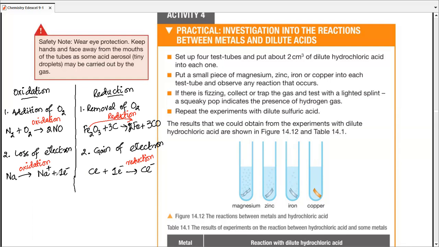Hence, the transfer of electron. So the transfer of electron gives us the idea about the loss of electron for oxidation or gain of electron for reduction reaction. Make sense?